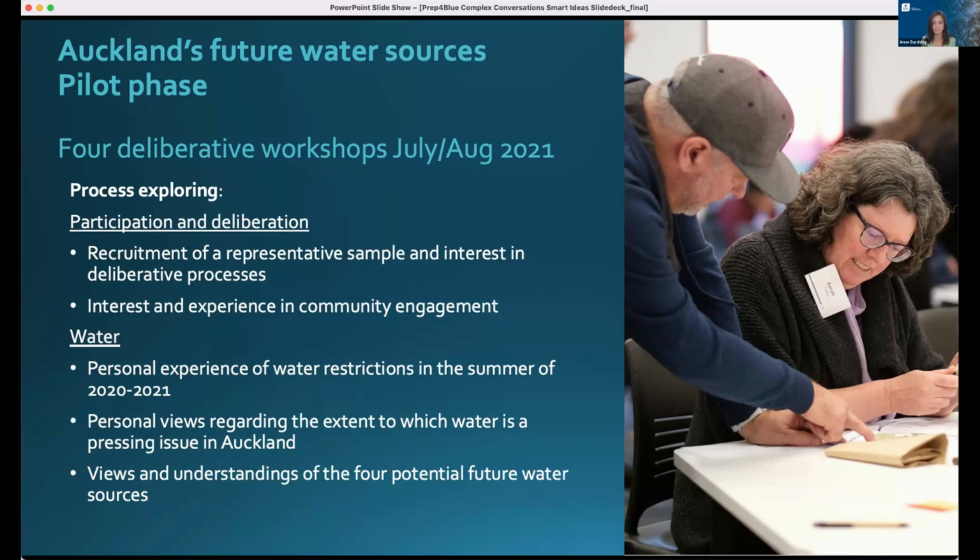And if you need that explained, we'll get into that in a little more detail when I talk about the full assembly. But basically, we used the WaterCare customer database and sent out thousands of invitations, asked for expressions of interest, and did a sortition process to randomly select those participants, so that all 4 of these different workshops had a group of about 30 participants who were descriptively representative of the area where the workshop was occurring.